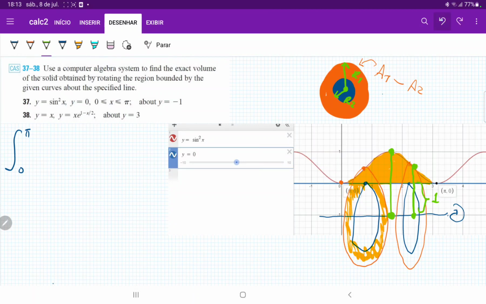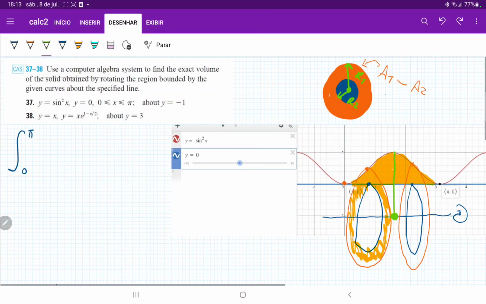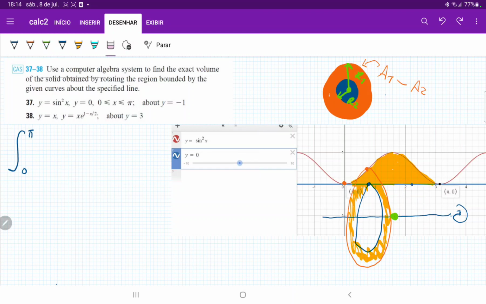I have too many drawings out here, so let me simplify what I'm doing. Okay, so if I have to go from the center all the way out to 0, that is fixed, that doesn't change. And then from 0, I have to go up the height of my curve, and the height is just the value of sine squared of x.